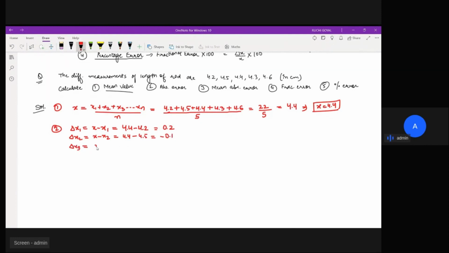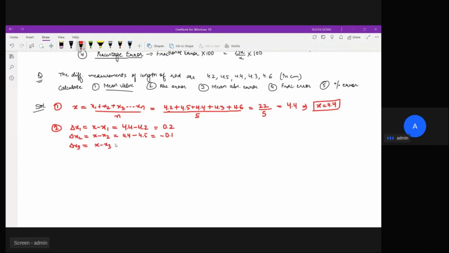Delta x3 is x minus x3: 4.4 minus 4.4 is 0.0. Delta x4 is x minus x4: 4.4 minus 4.3 is 0.1. Delta x5 is x minus x5: 4.4 minus 4.6 is minus 0.2. So these are the absolute errors.